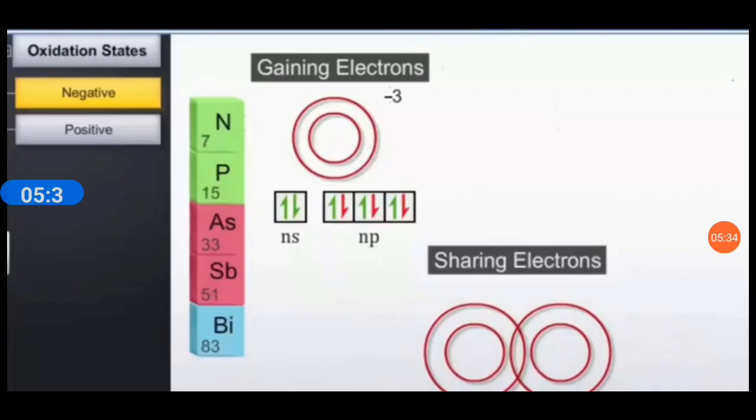Having 5 valence electrons, group 15 elements can show both negative and positive oxidation states. They can show -3 oxidation state by gaining electrons, and by sharing electrons also they can show covalency of 3.